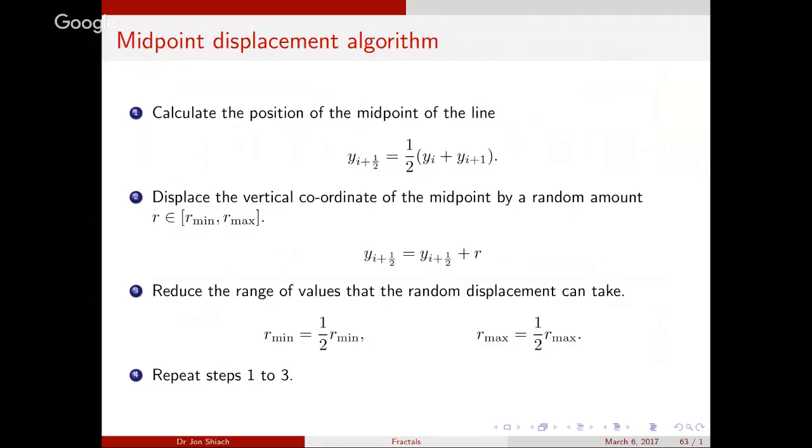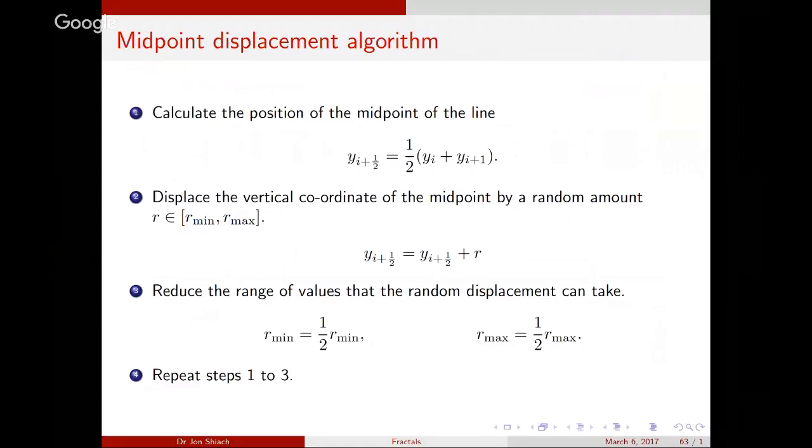Okay, so the midpoint displacement algorithm is essentially one way in which we can randomly generate a landscape. If y is a coordinate in terms of the height, y_i plus a half essentially means the midpoint between the value y_i and y_i plus 1.